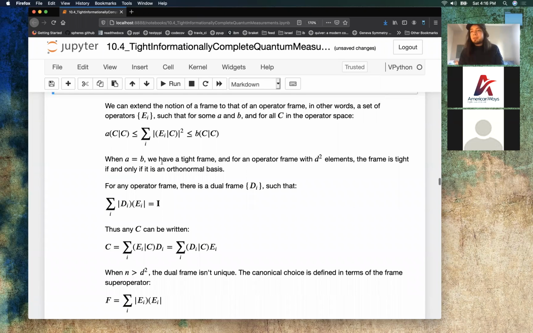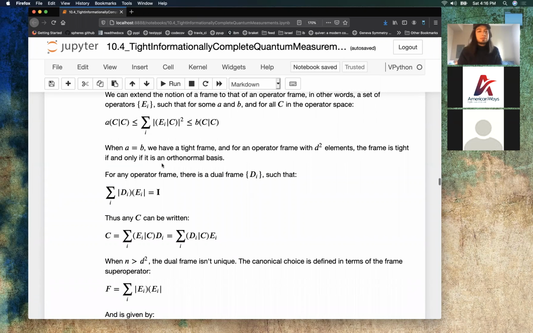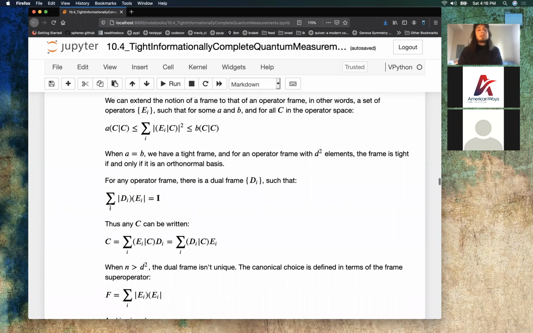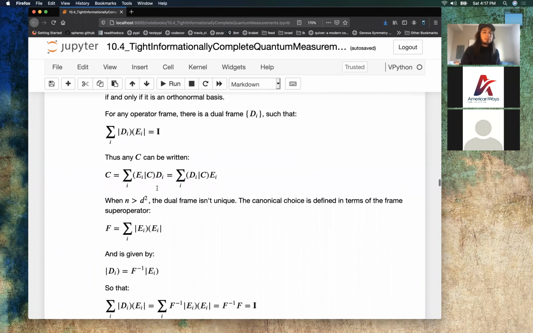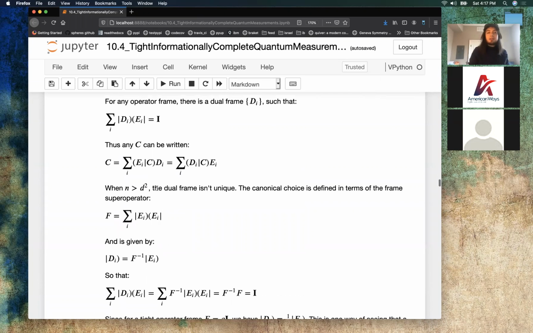For any operator frame, we can find the dual frame such that if we vectorize the dual elements, vectorize the operator frame elements, take this little outer product and the sum, we get the identity. Remember, this is the 4x4 identity. And then we have, like when we were talking about frames, the reconstruction formulas.